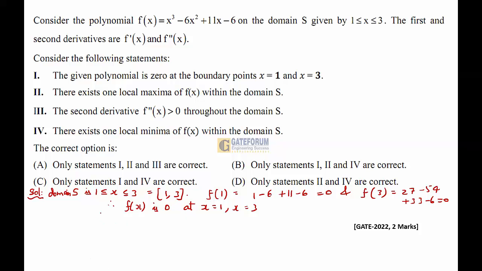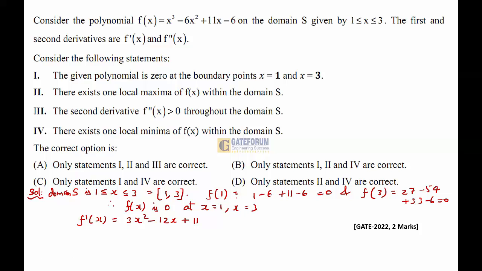Okay. Now, the first derivative f dash x: 3x square (x cube derivative), 12x (6x square derivative), 11 (11x derivative). For local maximum or minima, the necessary condition is first f dash x equal to 0.